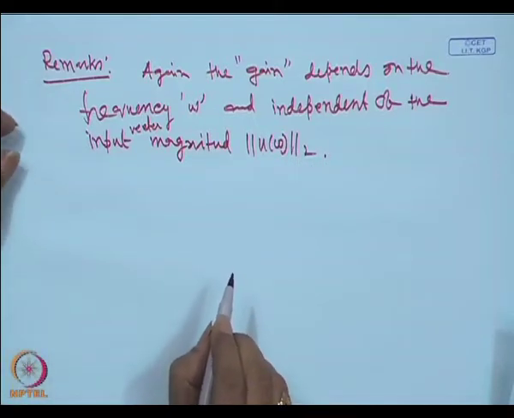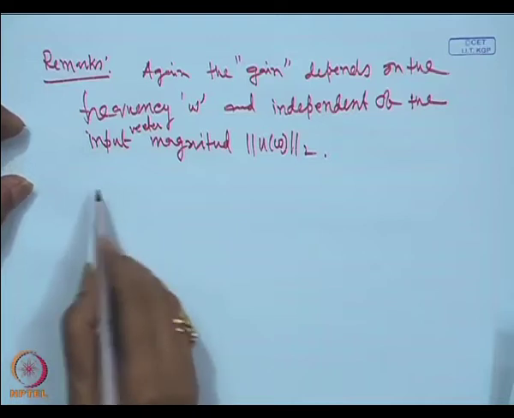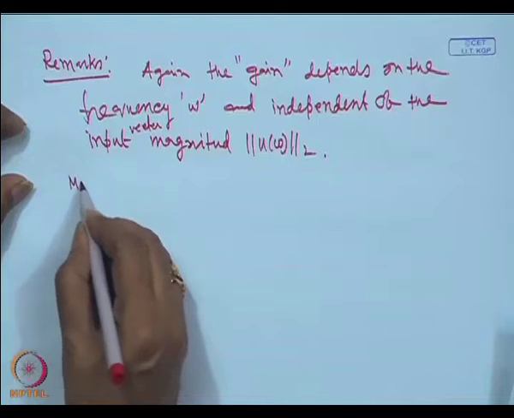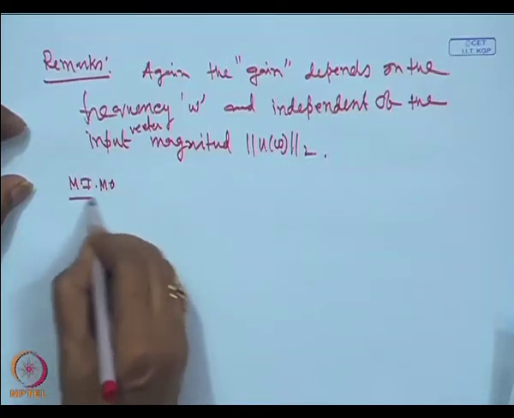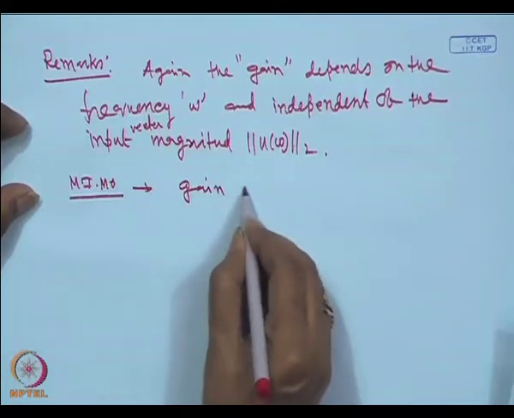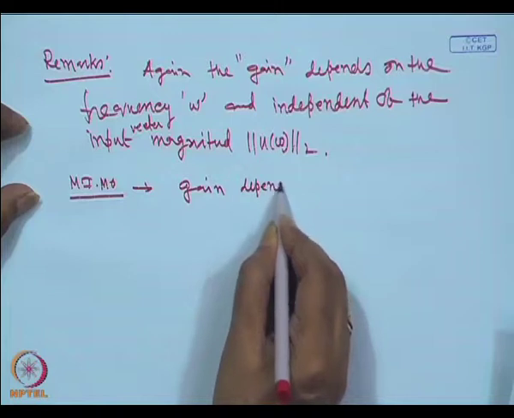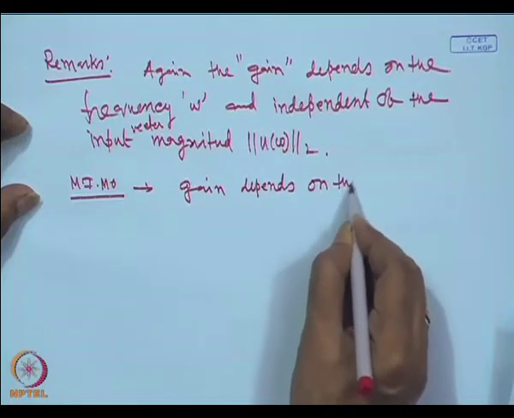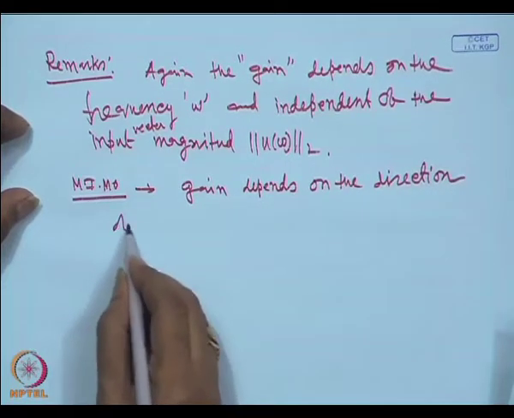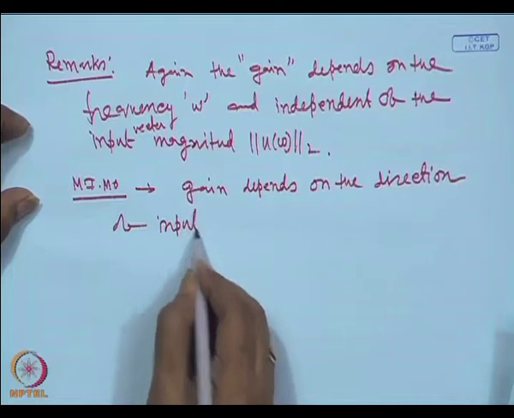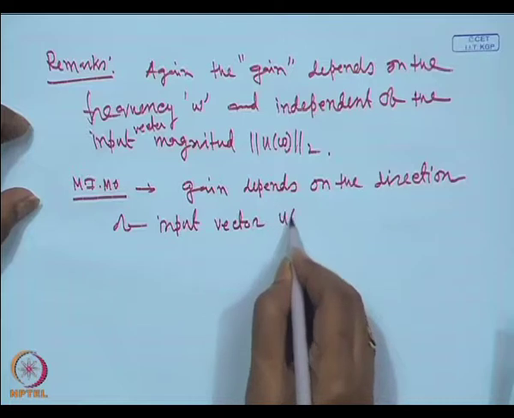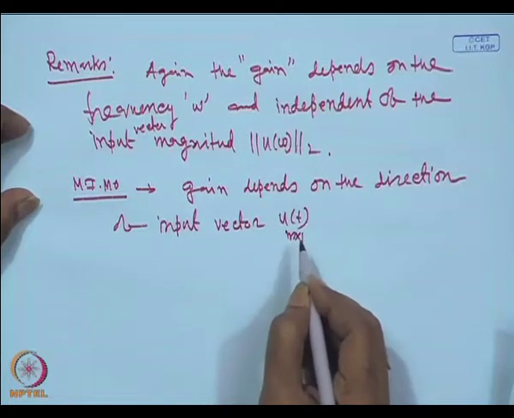Further, for the multi input multi output case, the gain depends on the direction of the input vector u of t, m cross 1.